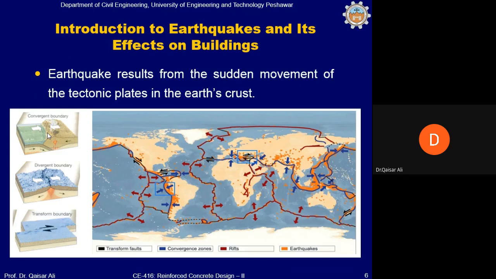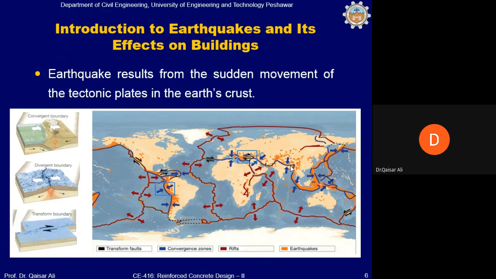You can see in this map, this is the Indo-Australian plate. And this Indo-Australian plate is colliding head-on with the Eurasian plate. Indo-Australian plate and Eurasian plate collision is causing this Himalayas range convergent boundary.